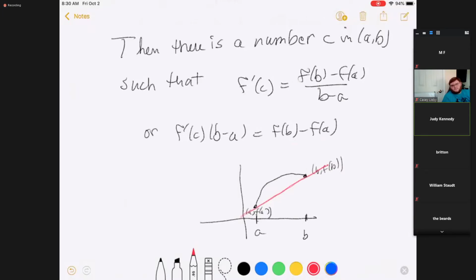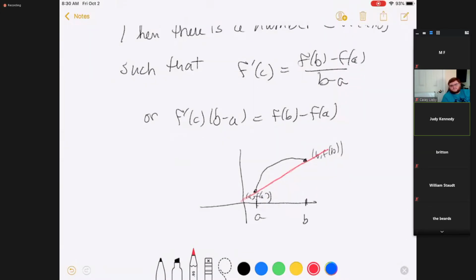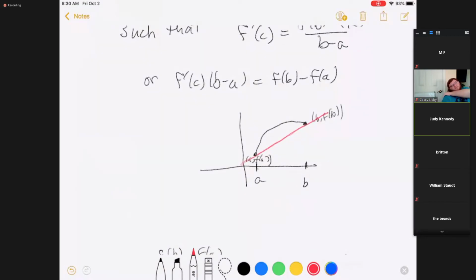And the mean value theorem says for some number C that's strictly between A and B, f prime of C is equal to the slope of that red line. Okay. And just a picture, but it looks like maybe it would be right there. There is some number C, so this would be C. The slope of the tangent line at C then is the same as the slope of the red line.